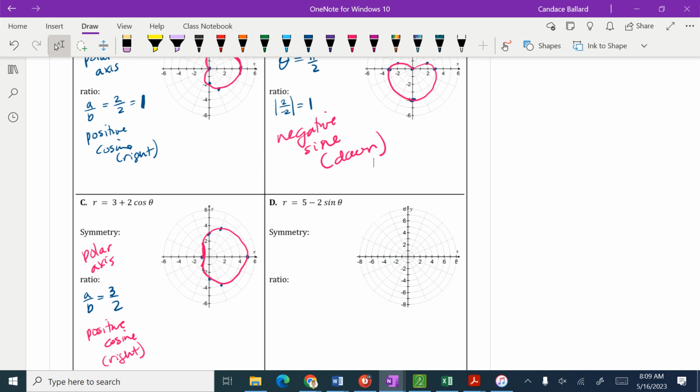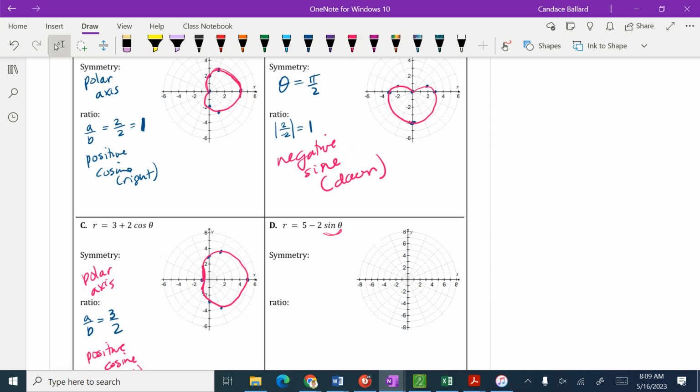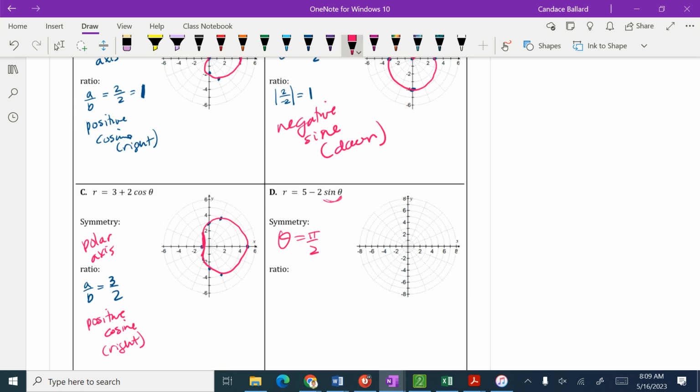So first of all, if I'm in sine, what should my symmetry line be? Is it going to be the polar axis, or is it going to be pi over 2? So my line of symmetry should be pi over 2, right? Okay, if I'm in sine, and am I positive sign or negative sign? Negative in front of the sine, right?